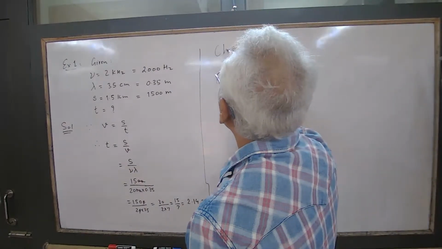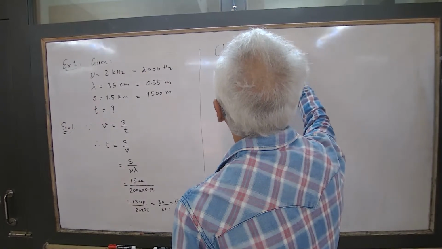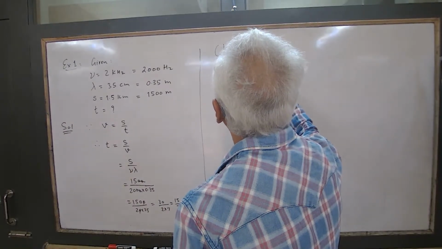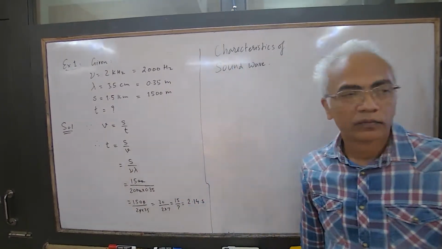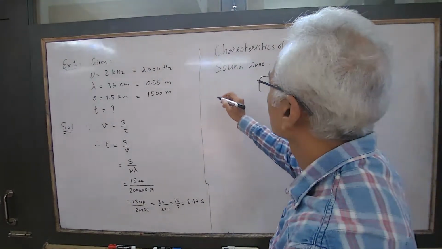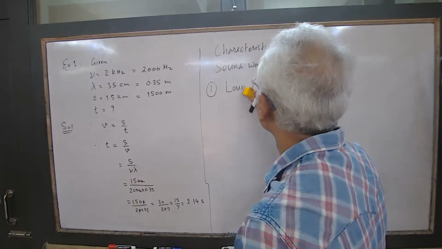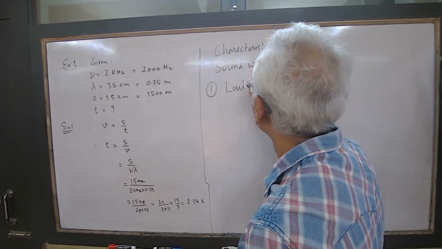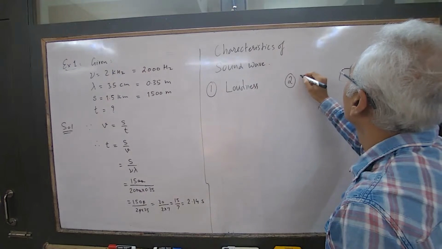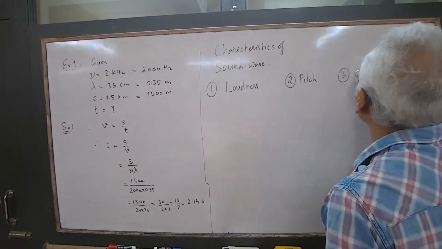Next is characteristics. So there are three characteristics: loudness, pitch, third is quality.